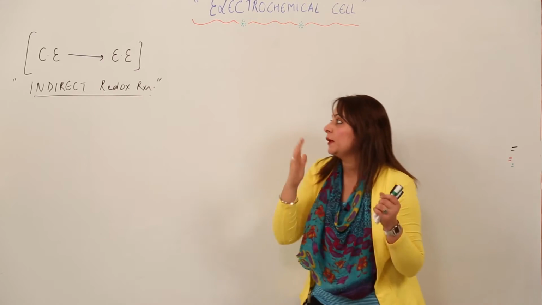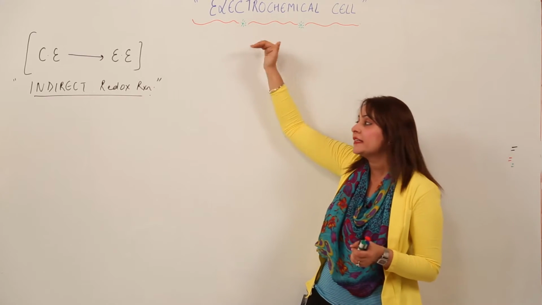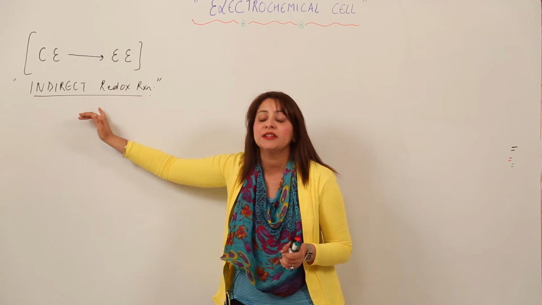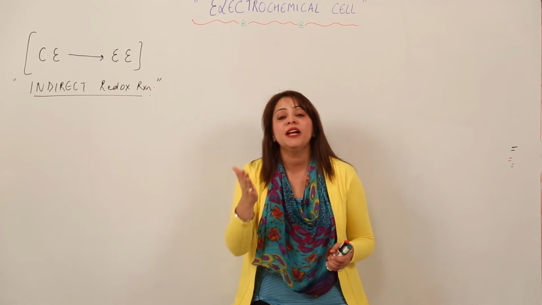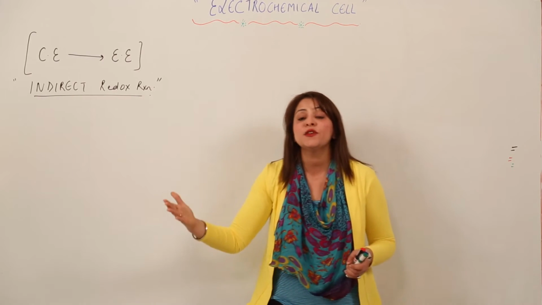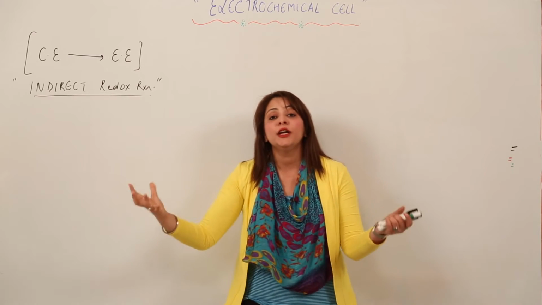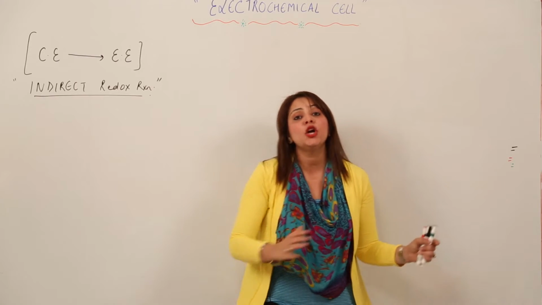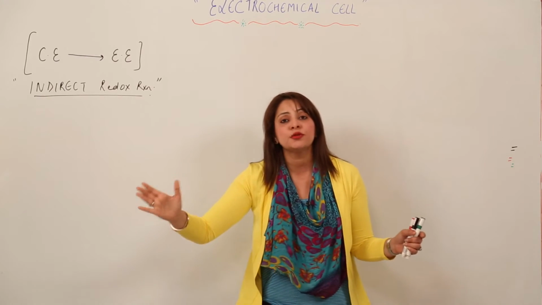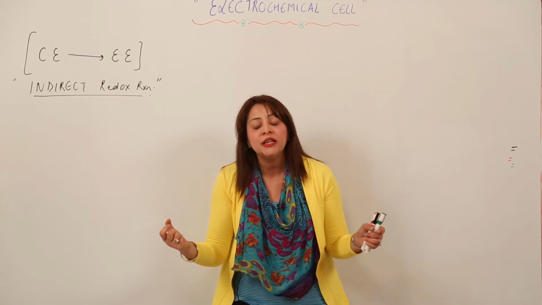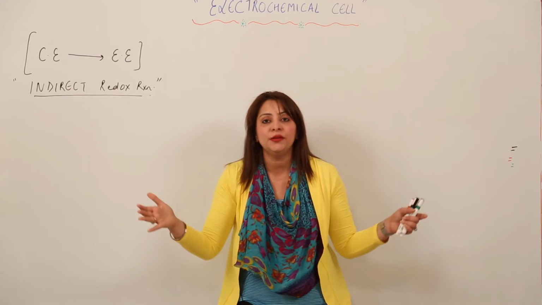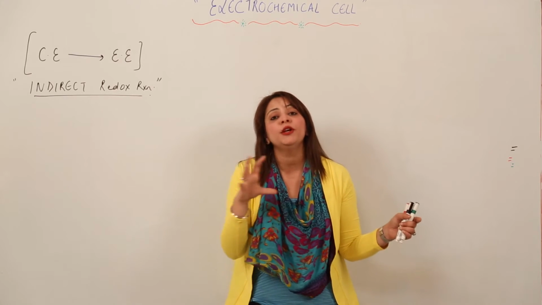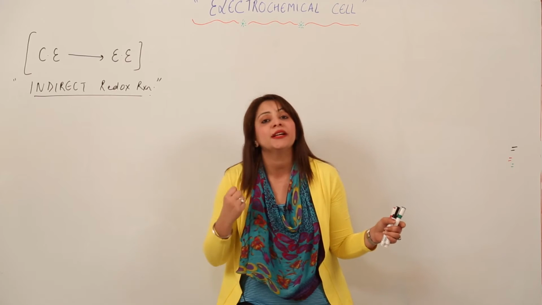So the principle of this electrochemical cell is the indirect redox reaction: the atom which undergoes oxidation and the atom which undergoes reduction are not in close contact, they are far away. So the electrons need to travel a certain distance to reach an atom which needs an electron, and there is a gap between them.